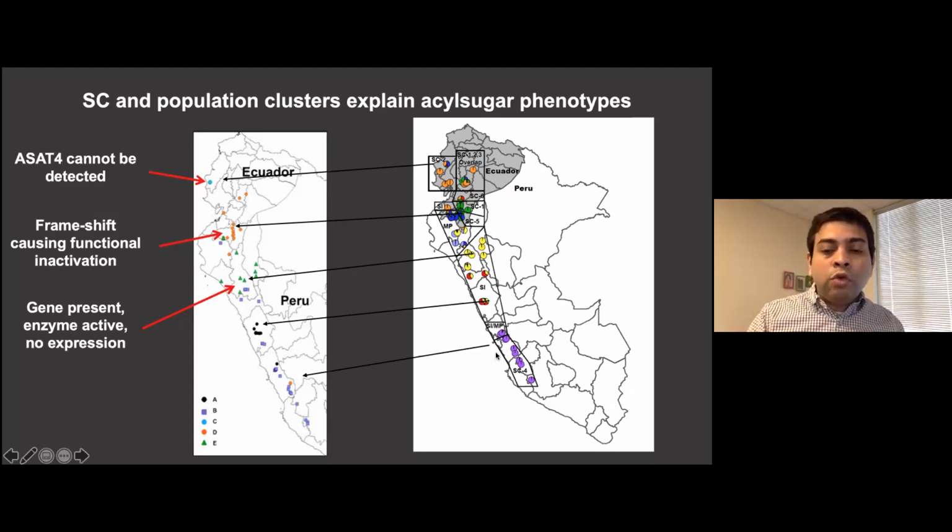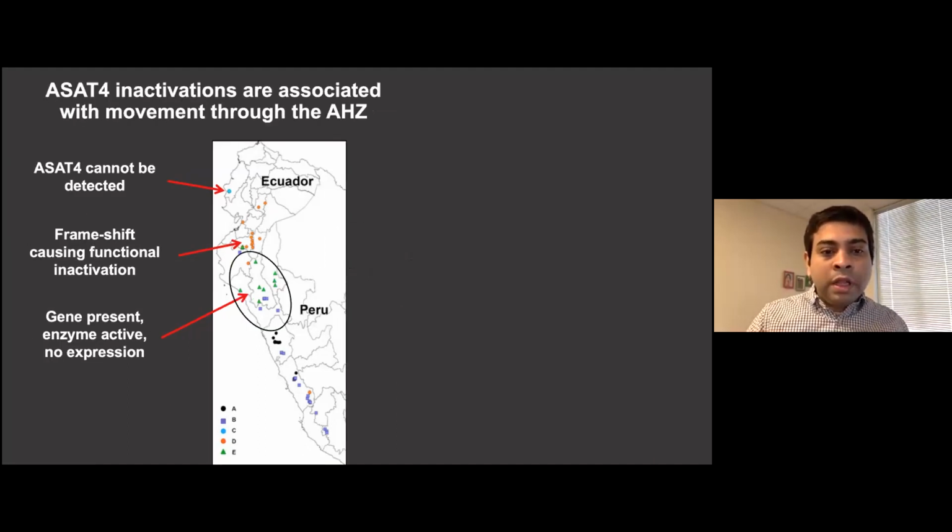The SC4 group, which is cluster 8 at the very south, is doing its own thing. Now, one of the interesting observations was that this particular group is all self-incompatible populations, but still some of them have active ASAT4, the blue ones, and the green ones have inactive ASAT4. The expression is lost.